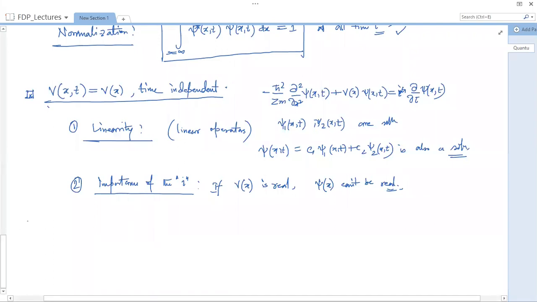The third thing is that it is completely deterministic in the time evolution of psi.